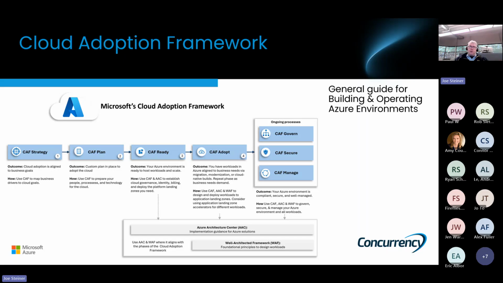Underlying this, and this will be something else we'll talk about in a little bit, is the well-architected framework. And so as we get into moving stuff actually into the cloud and refining what we're doing up in the cloud, the well-architected framework's a great place to start.